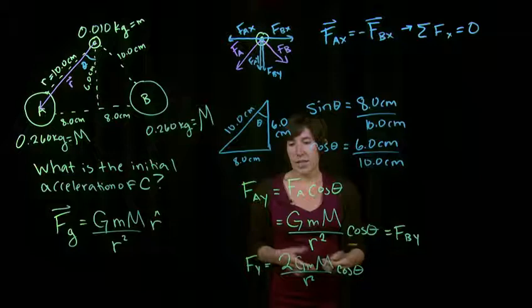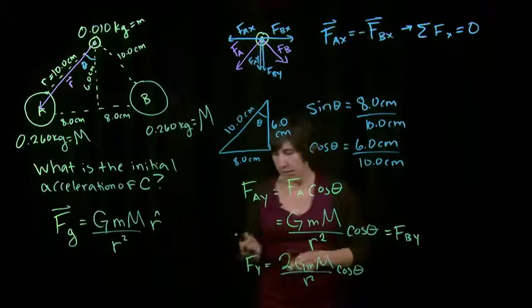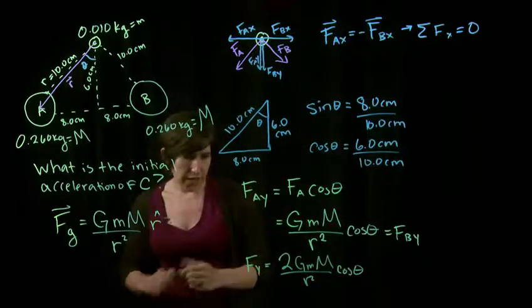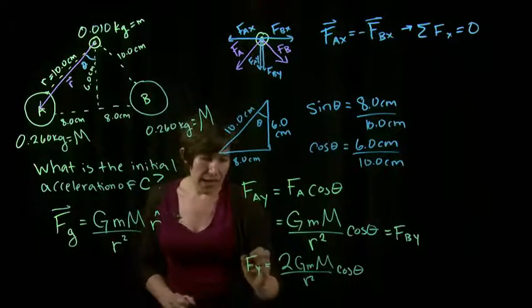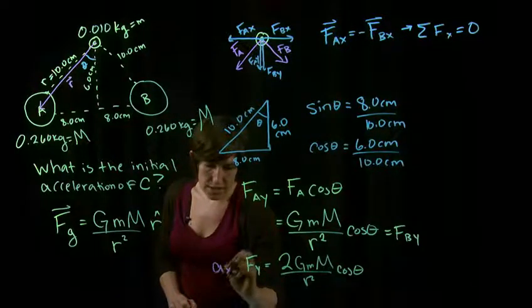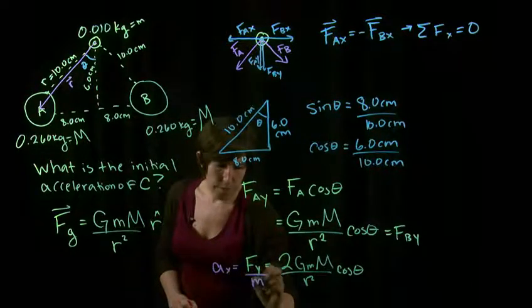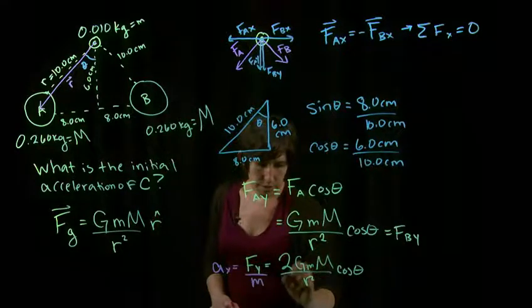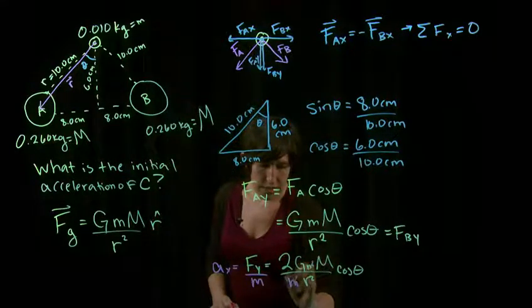And what we're asked for is actually the acceleration, not the force. So I can write, using F equals ma, a in the y direction is F over m. Then divide by m, and these are going to cancel.